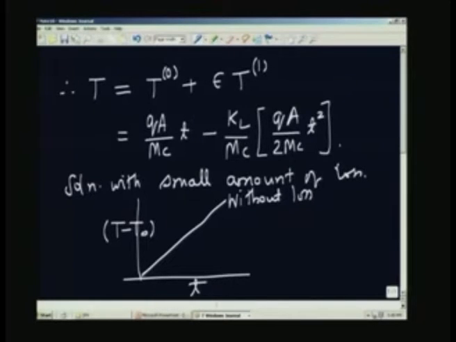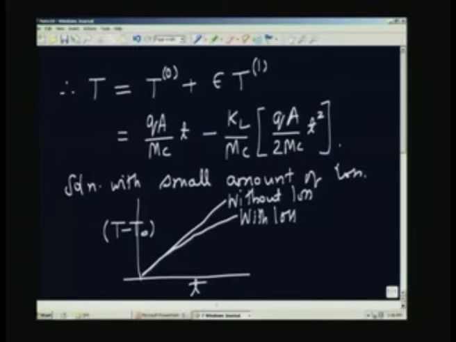With loss it will become slightly nonlinear, it will go like that. This will be with loss. Of course, at very small times the difference will be very small, and as the time increases you can see that this quadratic term is going to become important when t is large.